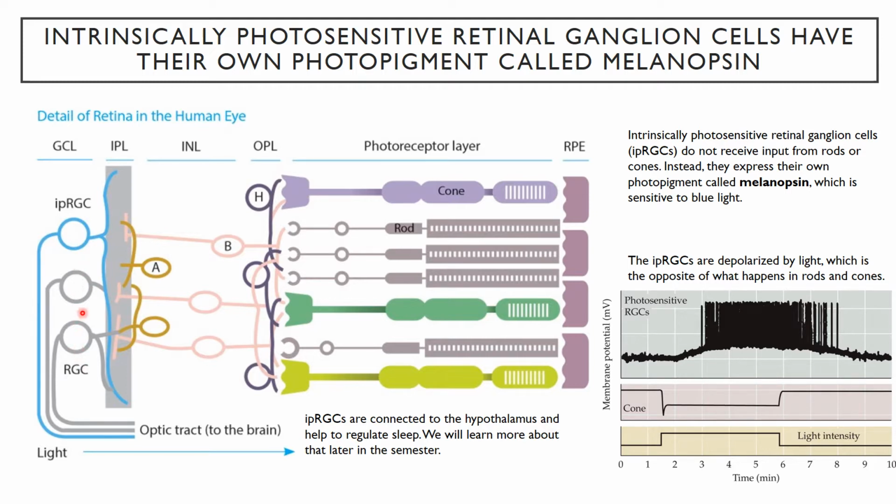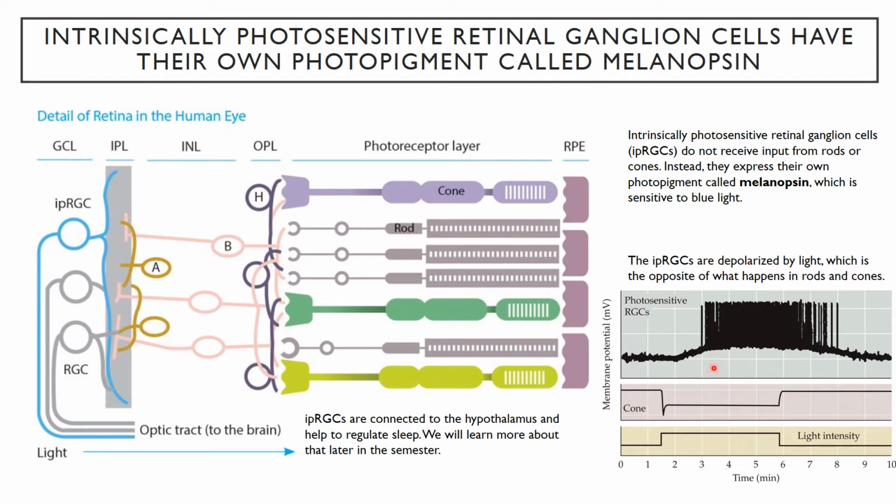But there's another kind that I want to mention, which are called the intrinsically photosensitive retinal ganglion cells. So they do not receive input from rods and cones, and instead they have their own photopigment. So these are neurons, the retinal ganglion cells, that have their own photopigment, which is called melanopsin. And it is sensitive to blue light.